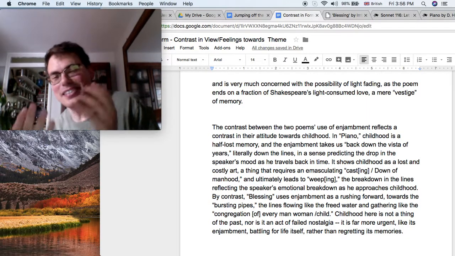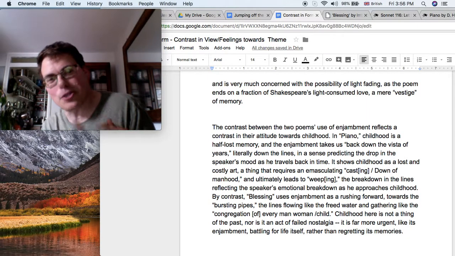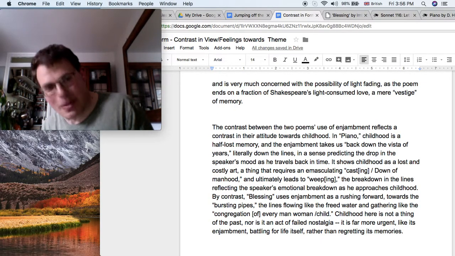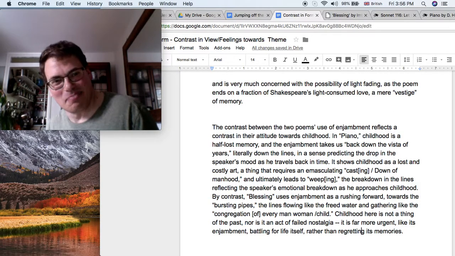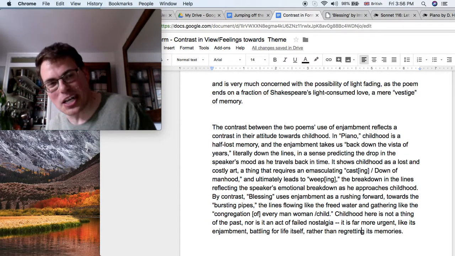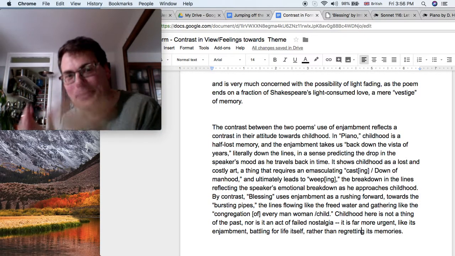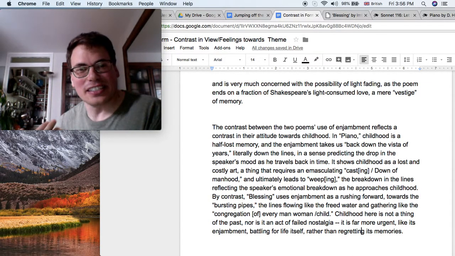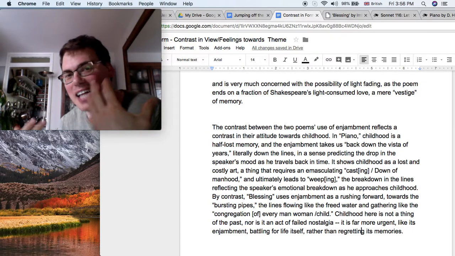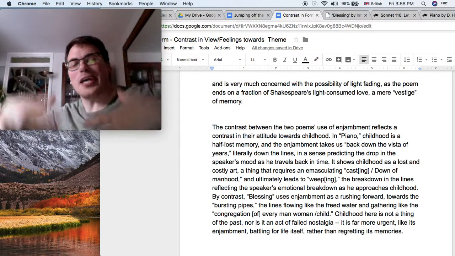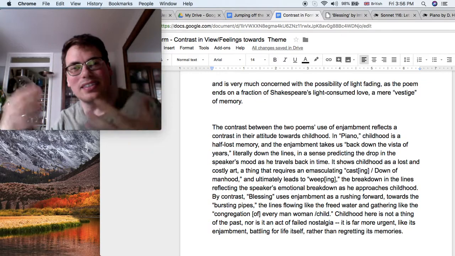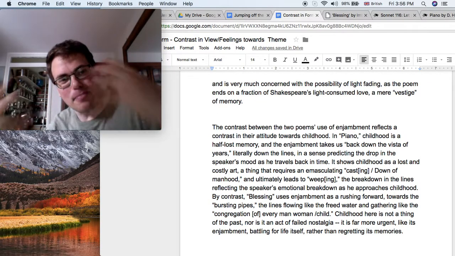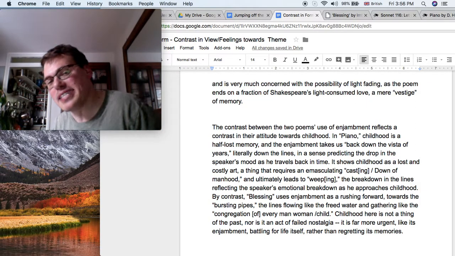Bad in the sense that you can't quite capture it and you can't quite return to it, but it costs you your manhood anyway. Like, you don't get to be a child and you don't get to be a man. It's a very different effect childhood has than, again, this yearning, this battle that the enjambment creates in Blessing.